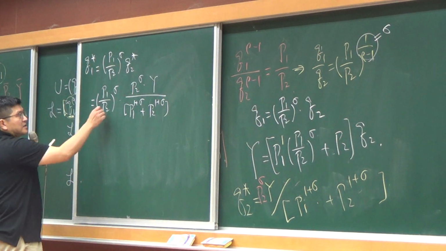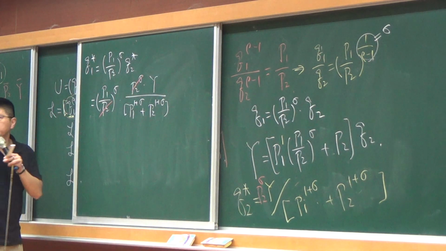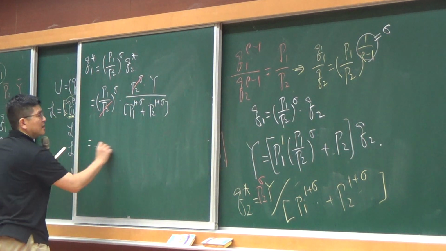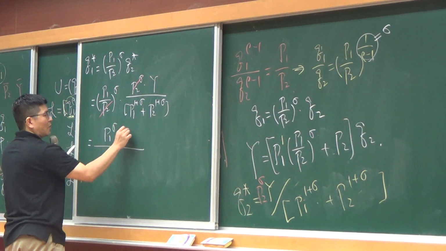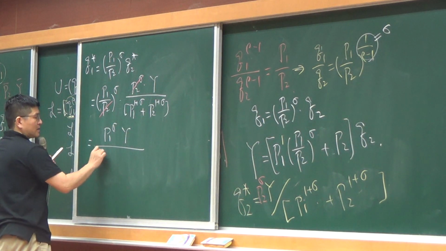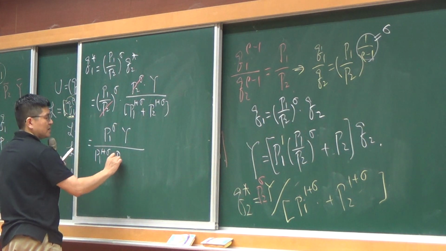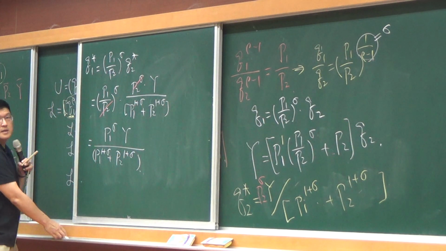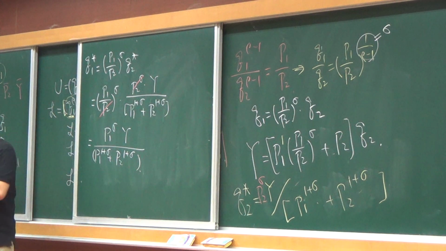And you will see P2 can be cancelled, right? So it becomes P1 to the power of sigma times y, over P1 to the power of 1 plus sigma plus P2 to the power of 1 plus sigma. Okay? So precisely the solution here is the same, right?